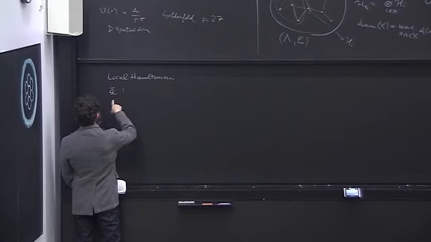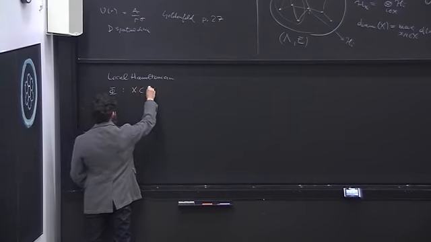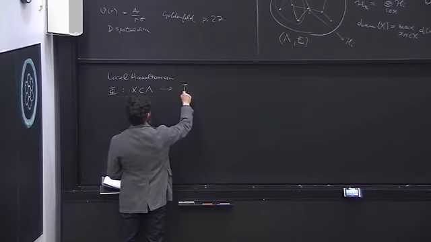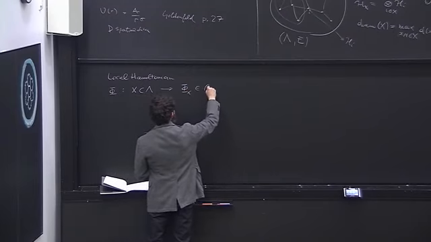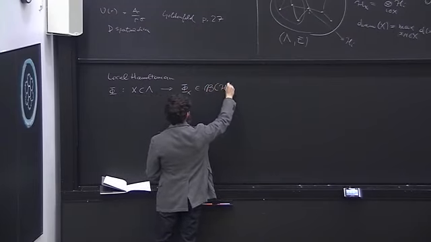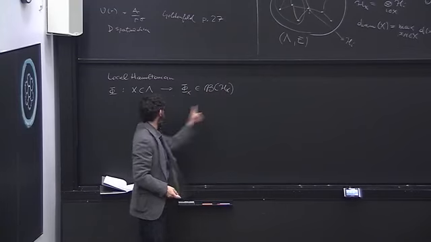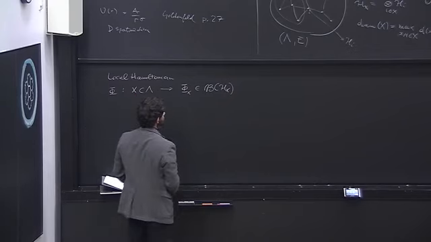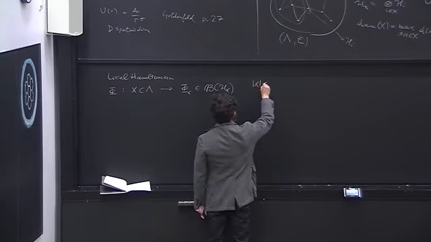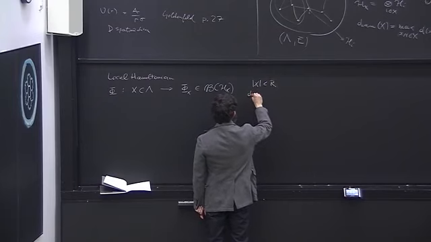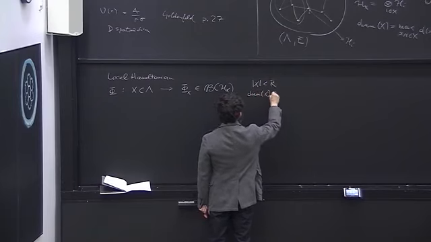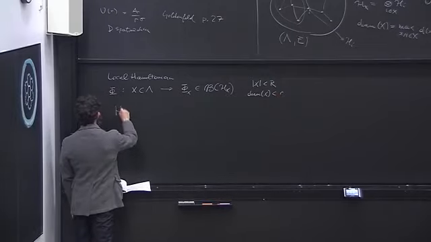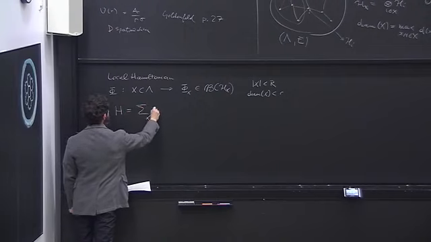Phi is some function that takes some subsets of lambda and associates to it some bounded Hermitian operator on the Hilbert space associated to that subset, with the requirement that the size of X is smaller than R, and the diameter of X is smaller than small r. And then our local Hamiltonian is just the sum of these.